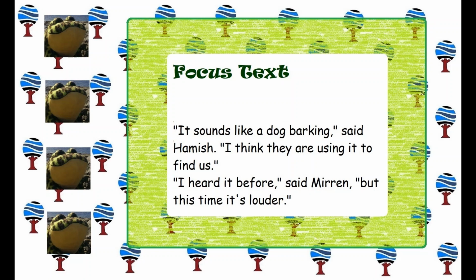"I heard it before," comma, speech marks, said Mirren. This time, because it is continuing the same sentence, it's a comma after Mirren. Speech marks, and again it's continuing the sentence, so we don't need a capital letter this time, but this time it's louder. Full stop, speech marks.